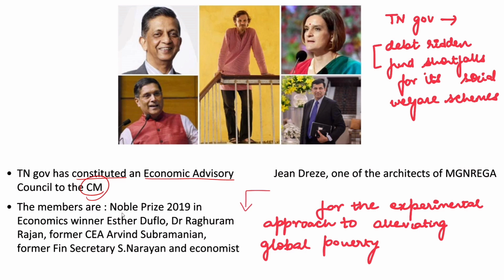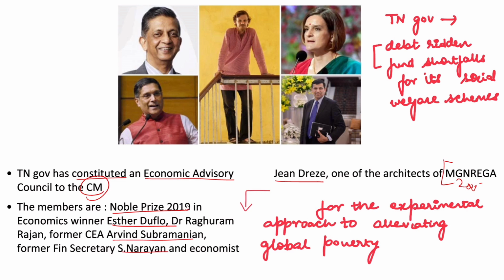The members are Nobel Prize winner of 2019 in economics, Esther Duflo, Dr. Raghuram Rajan, who is the former RBI governor, former Chief Economic Advisor Arvind Subramanian, former Finance Secretary S. Narayan, and a noted economist Jean Dreze, who was also one of the architects of the MGNREGA, which is the Mahatma Gandhi National Rural Employment Generation Act of 2005.